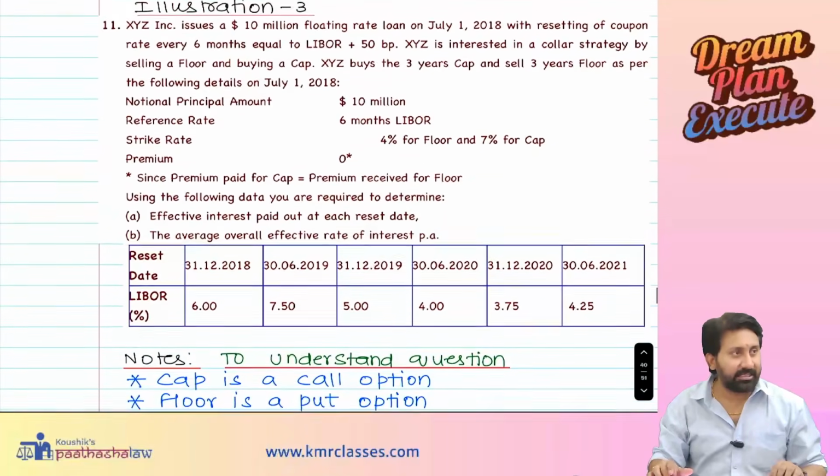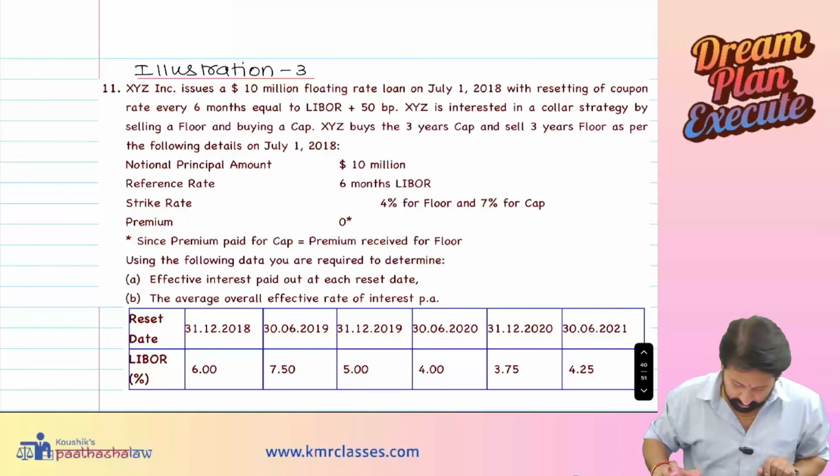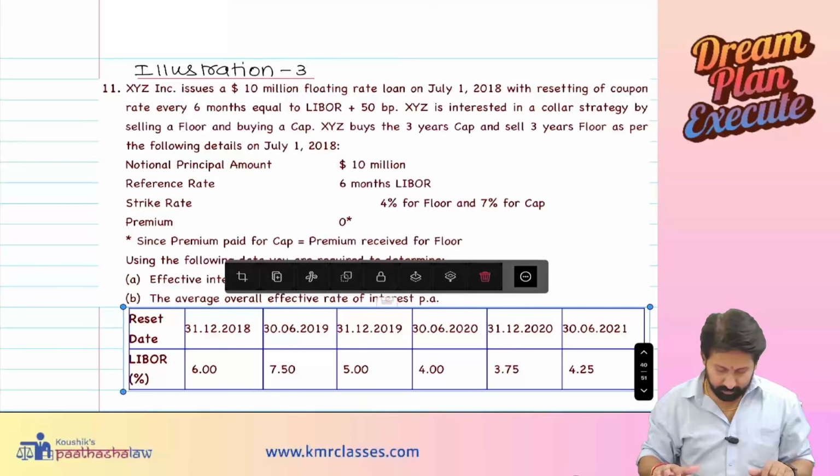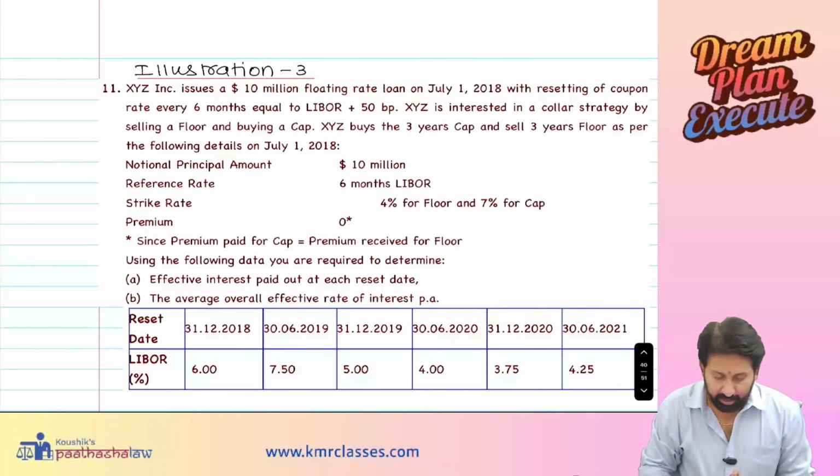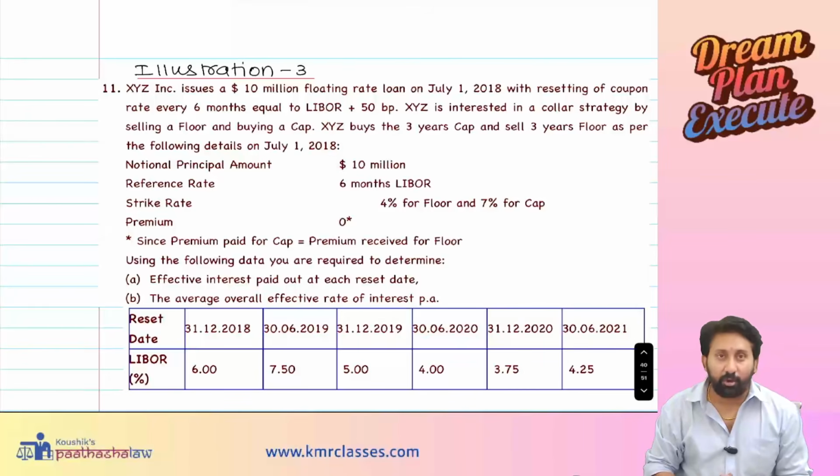Let us first read the question. XYZ issues a $10 million floating rate loan on July 1st, 2018, with the coupon rate resetting every 6 months at LIBOR plus 50 basis points, that is, LIBOR plus 0.5.